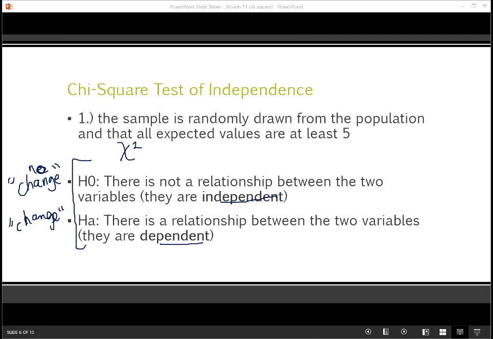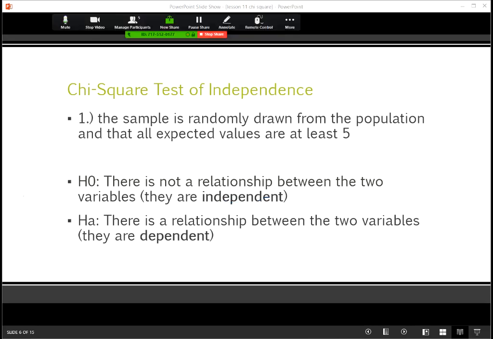Because we're doing a chi-square test of independence, we're trying to decide if there's a statistically significant relationship between the two categorical variables. Whatever information we get tells us whether a relationship between the two categorical variables is likely or not. If it is likely, then they could be dependent on each other, so there is some sort of relationship; independent means that there's not a relationship going on there.